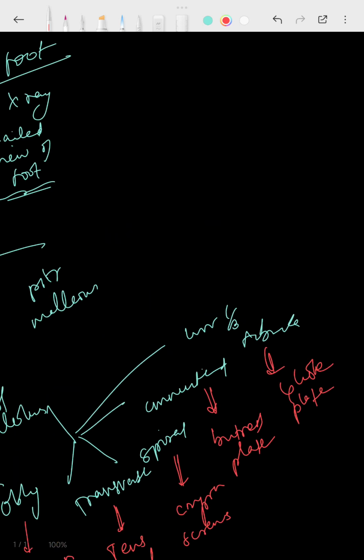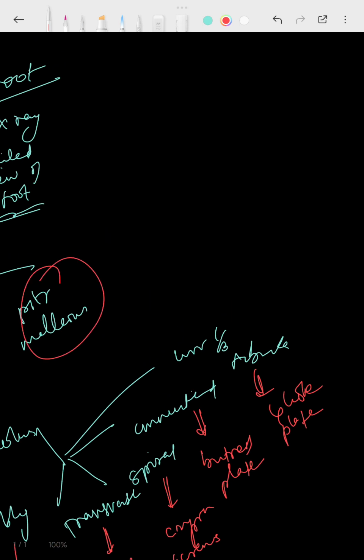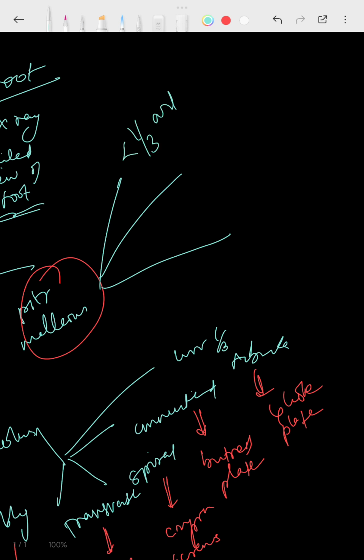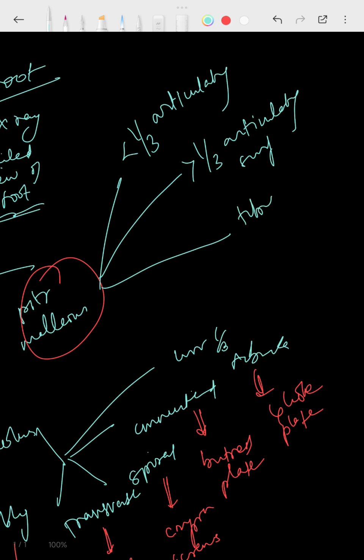In posterior malleolus fracture, again it is of three types: involving less than one-third of the articulating surface, involving more than one-third of the articulating surface, and tibiofibular syndesmosis involvement.